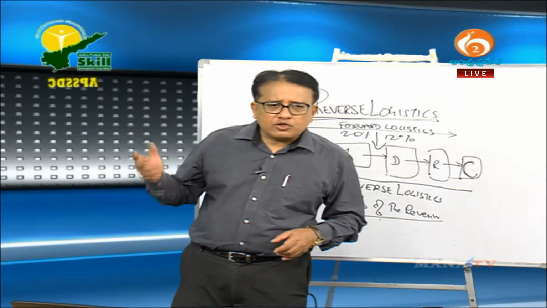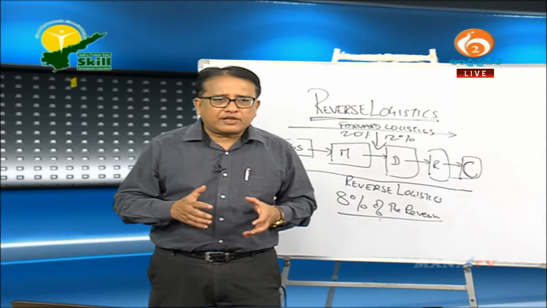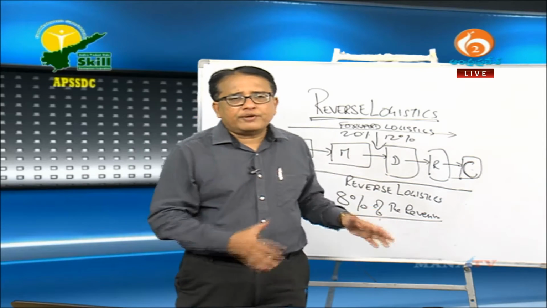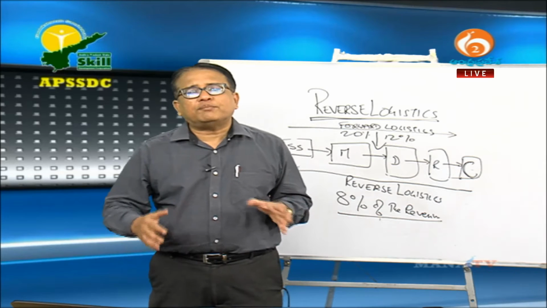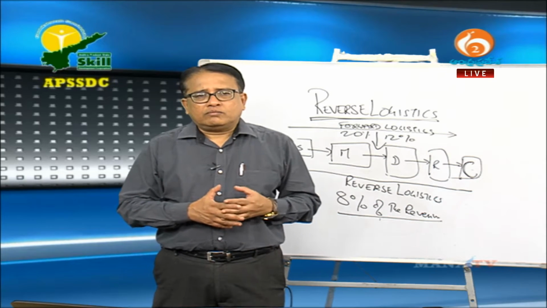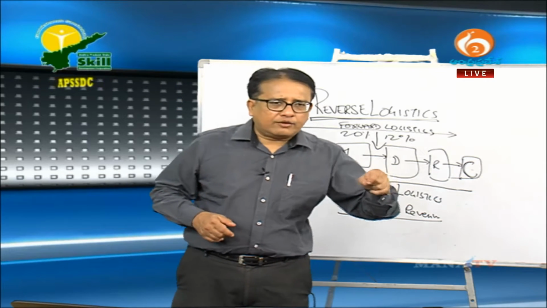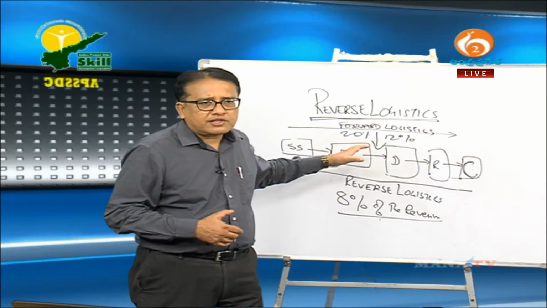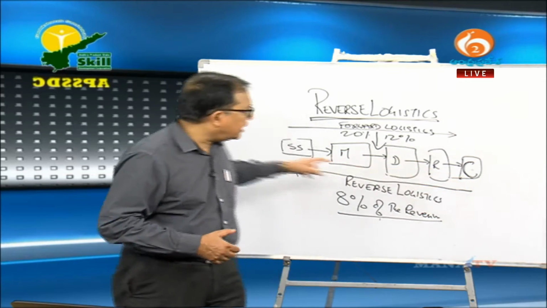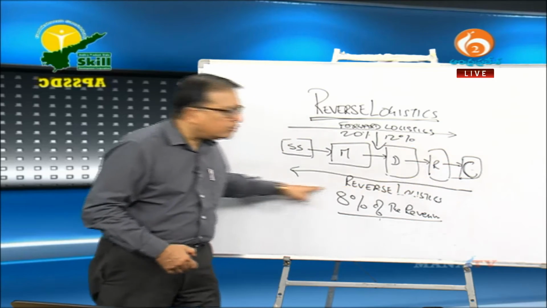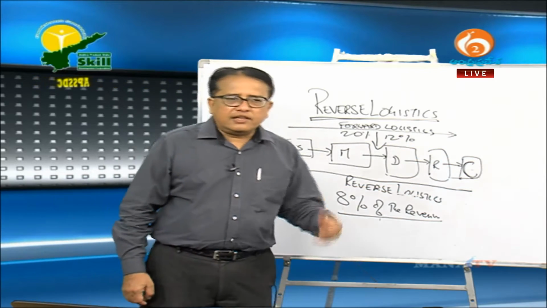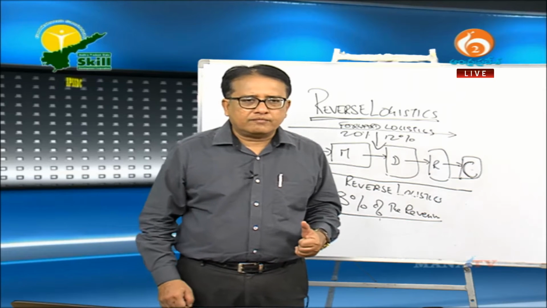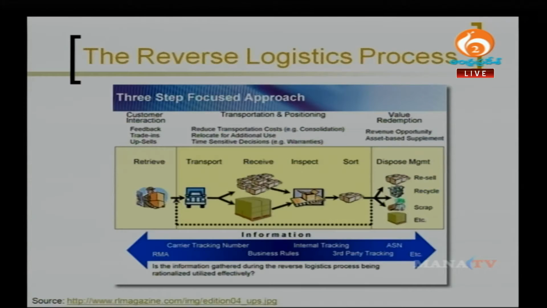It may be resold, it can be reused, it can be remanufactured, and also it needs to be returned back to the customer after a certain point of time. So, all the discipline and process that was exercised in forward logistics also needs to be exercised in the reverse logistics process. Let us concentrate on the next slide.